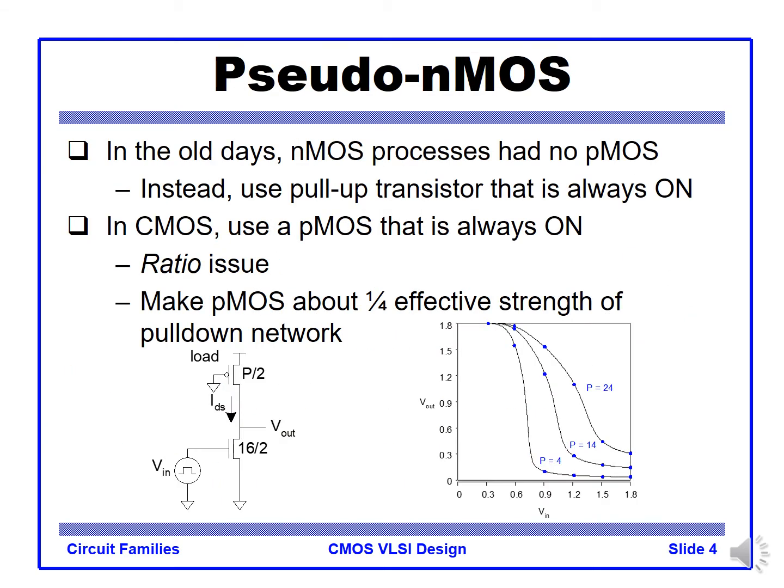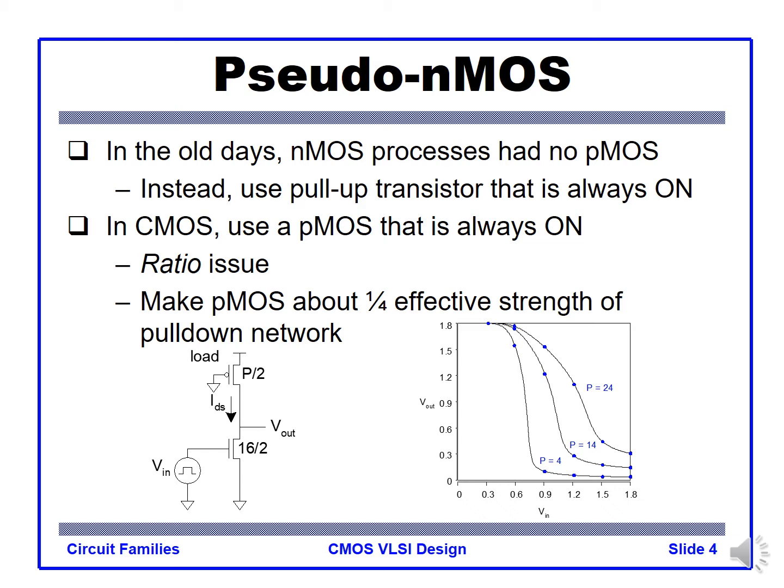The first trial is the pseudo-NMOS. We only use NMOS for the input network, and the input is connected to only NMOS. In the old days, there was no PMOS provided.